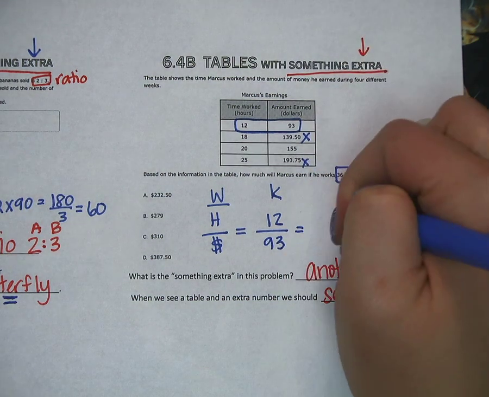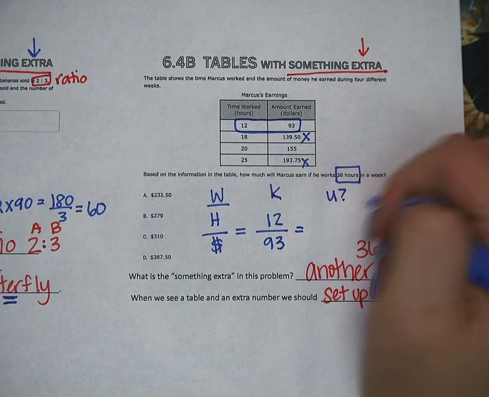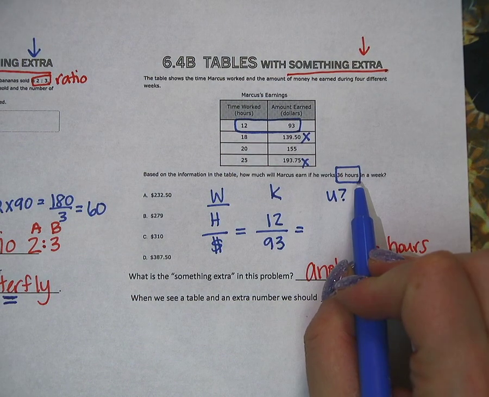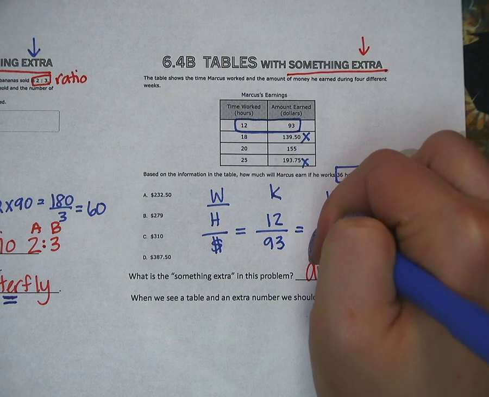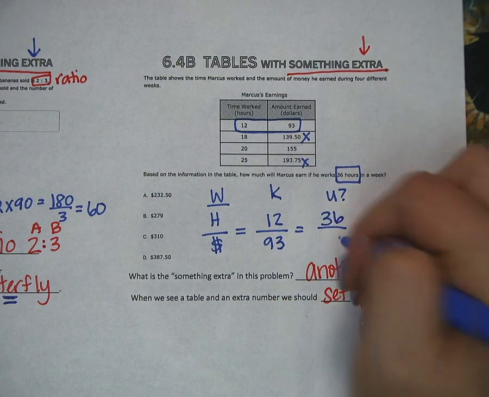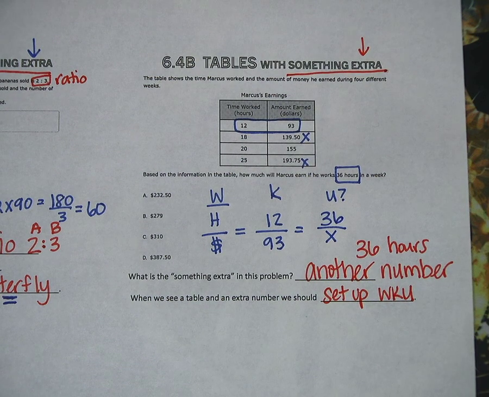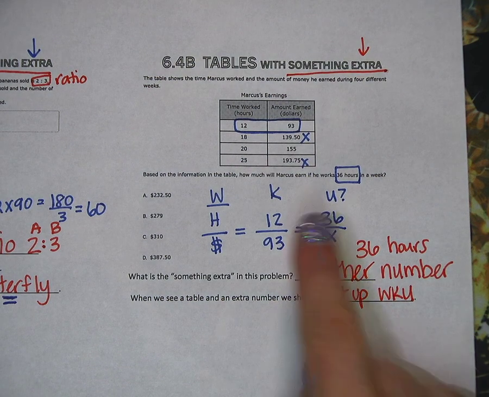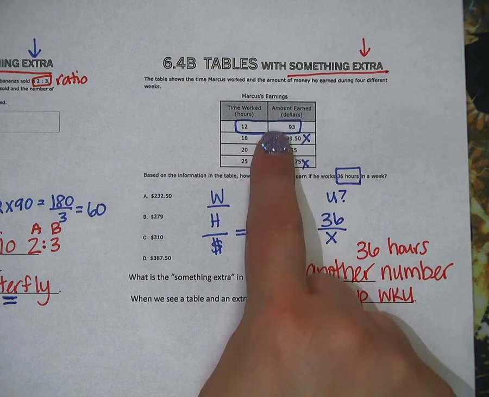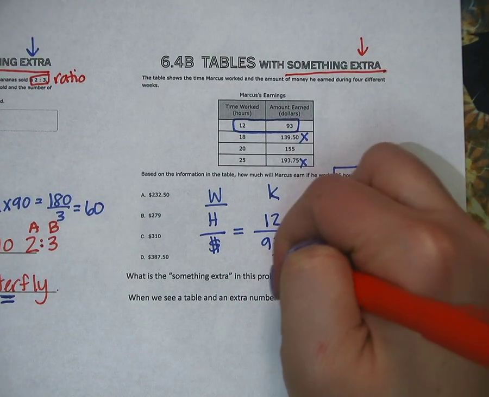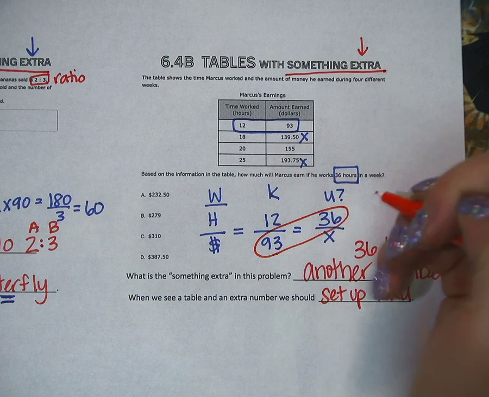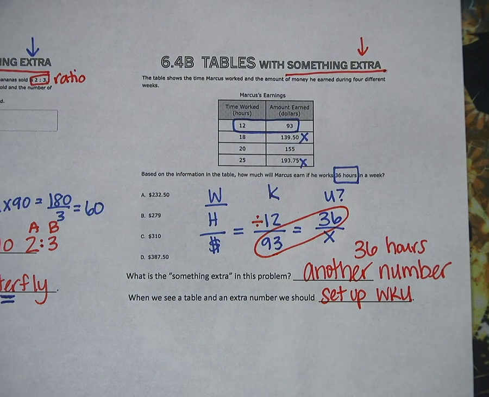And then what is our unknown? Our unknown is our question. Well, we have 36 hours. Hours was on top, so I'm going to put 36 on top, and we're looking for how much money that would be. So again, how did I know to set up a WKU? Because I had a table and an extra number. So I'm going to cross multiply 93 times 36, and then divide by 12.